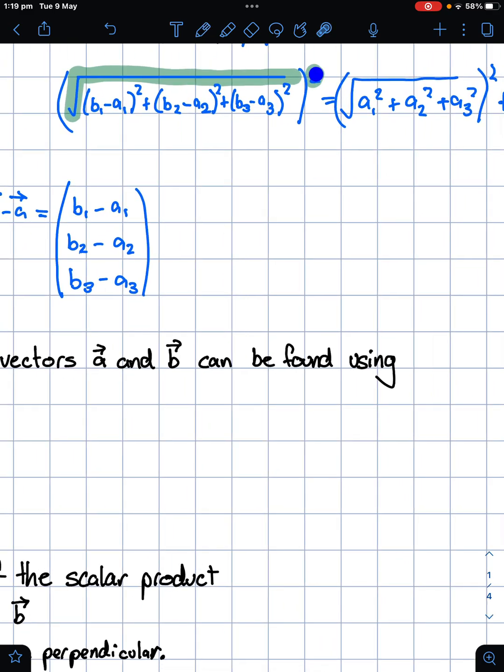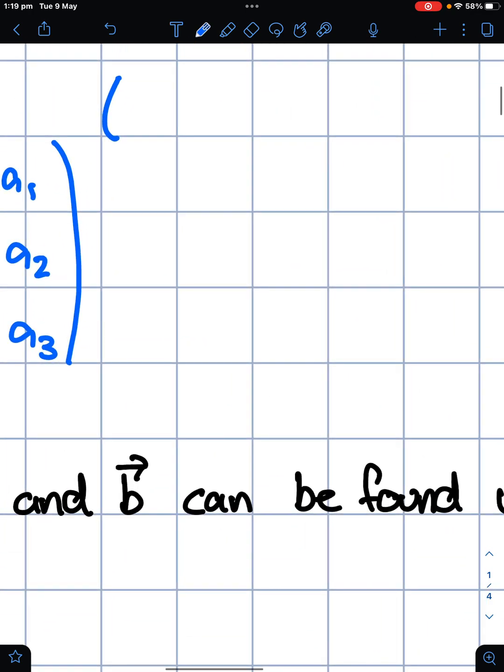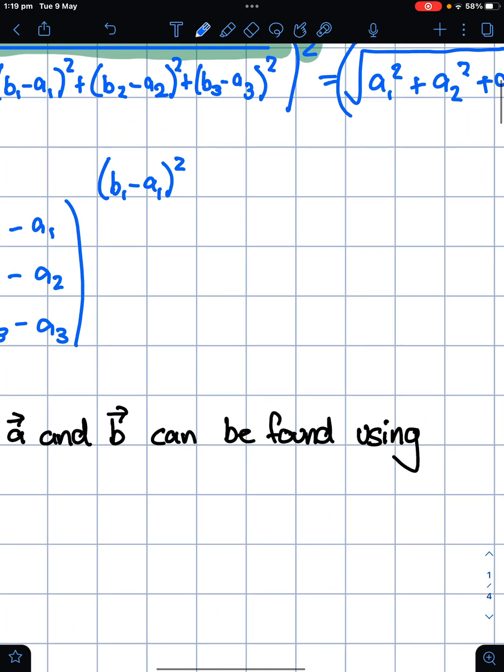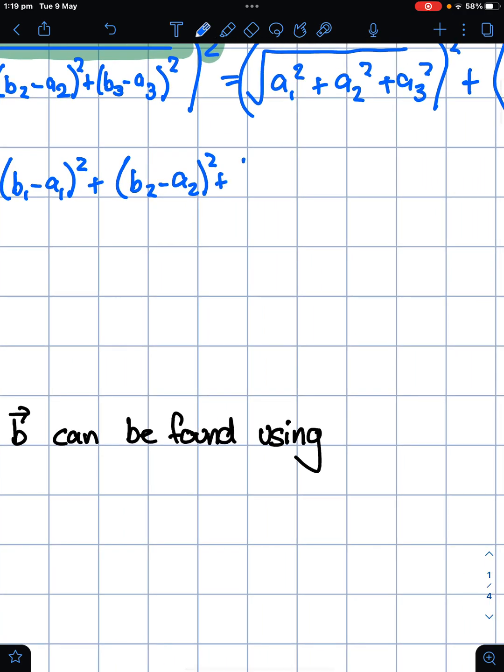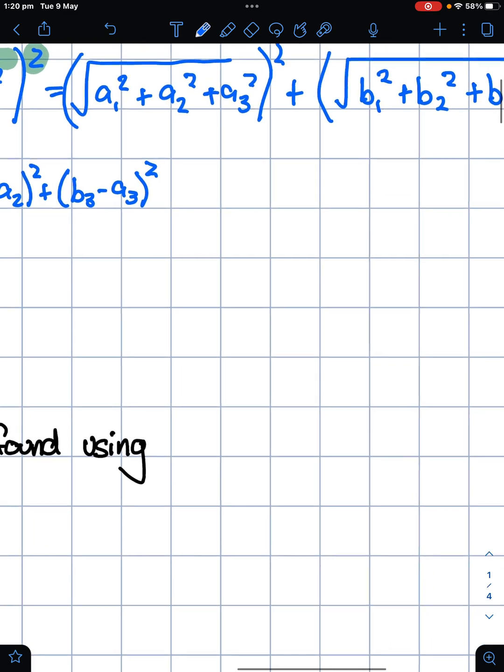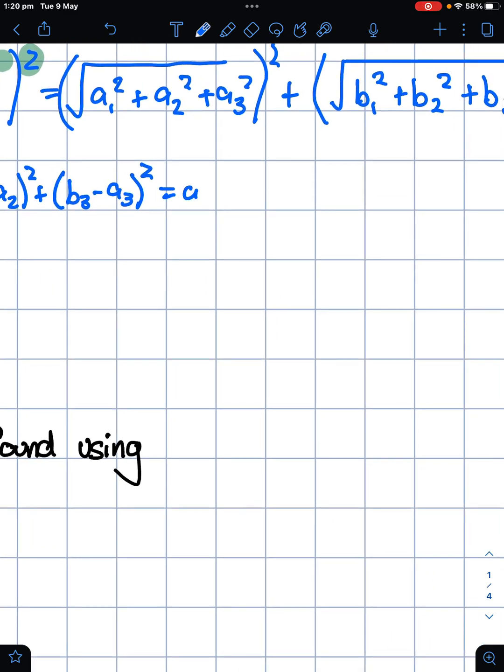So the square and the square root cancel out, and I'm left with (b1 minus a1) squared, plus (b2 minus a2) squared, plus (b3 minus a3) squared. Now this is going to equal a1 squared plus a2 squared plus a3 squared.